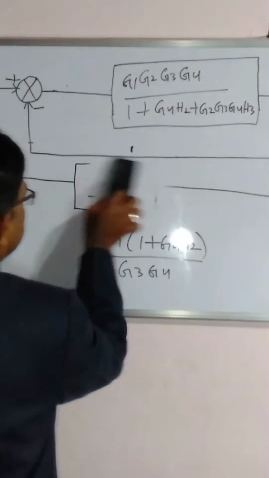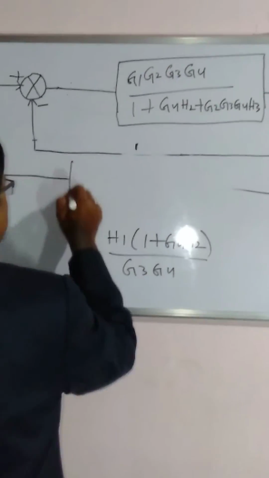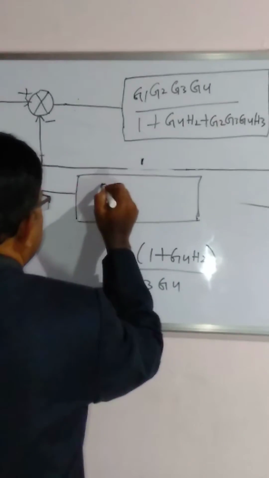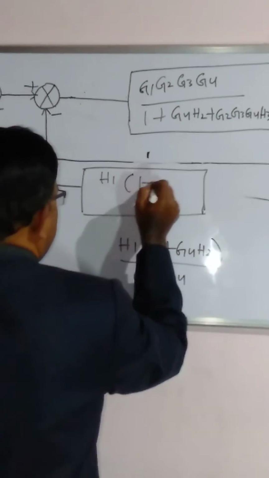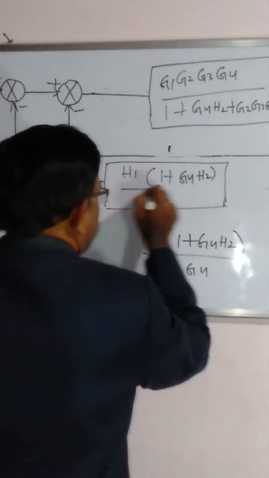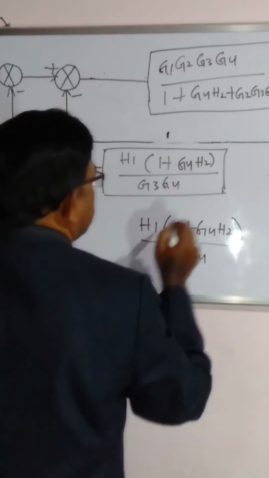So you can remove this, that is H1 into 1 plus G4 H2 by G3 G4.